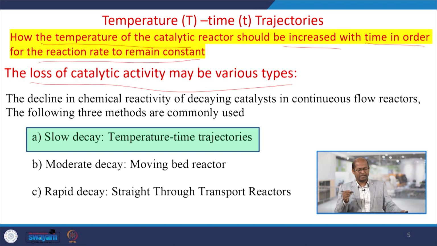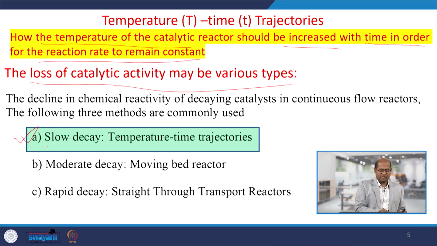Loss of catalytic activity may be of various types that we have discussed: poisons of the catalyst, coke deposition, sintering. Usually, deactivation due to poisons is very slow, not very fast.